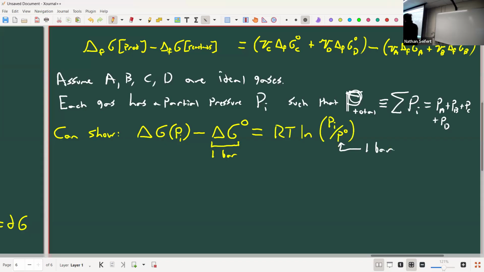So the Gibbs energy as a function of pressure varies for gases. This works for gases.